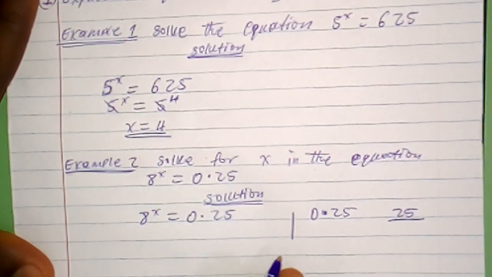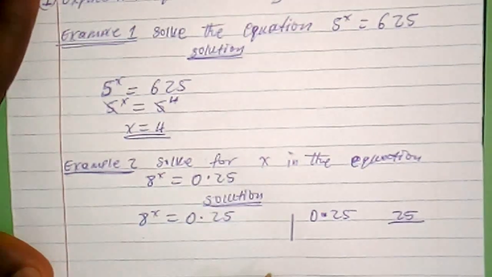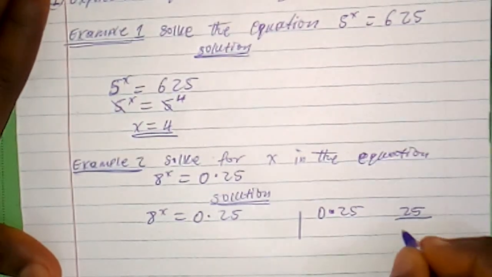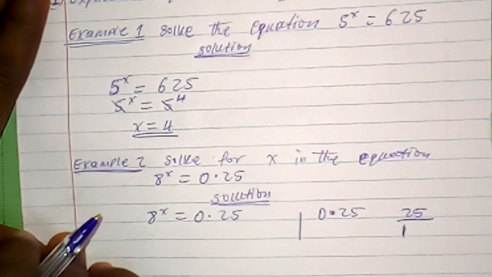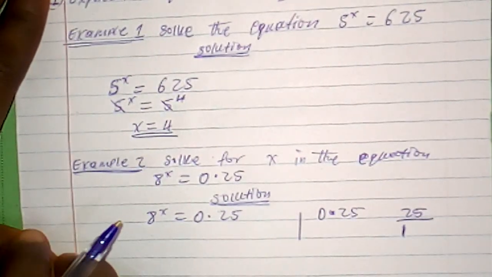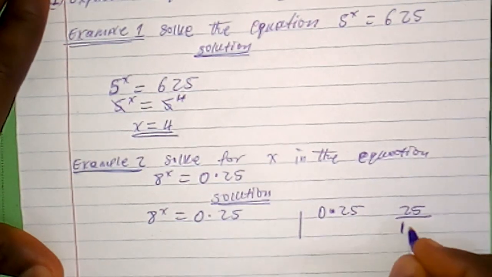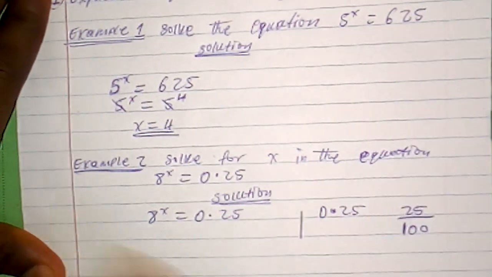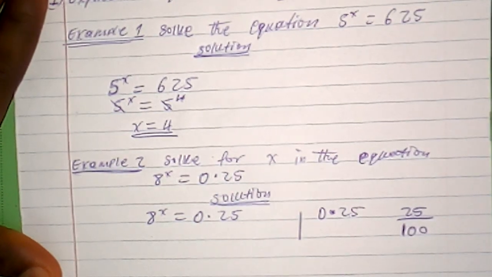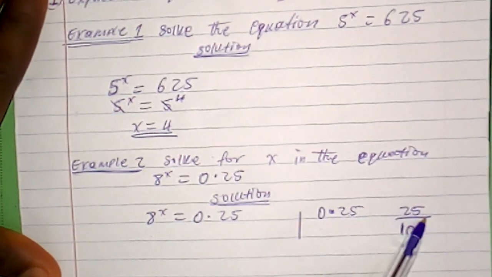Any number before the decimal, we take it as 1. Even if it's 0, 1, 10, or anything, we take it as 1. Then any number after the decimal, for the denominator, we take it as 0. So the 2 here is 0, and the 5 is 0. These are the procedures.